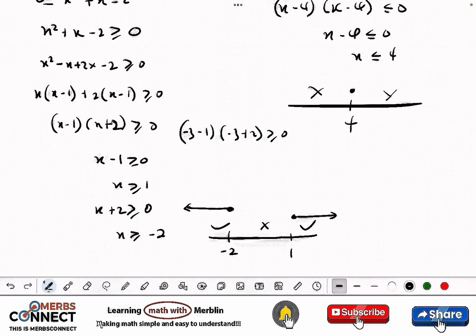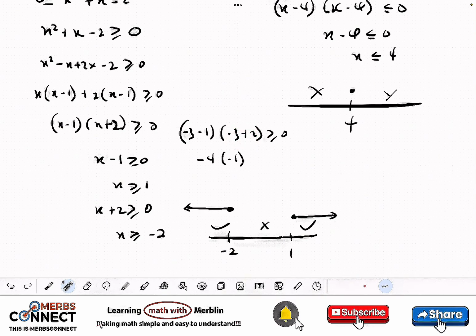So this is going to be minus 4, and this is going to be minus 1. Yeah, this is going to be true.